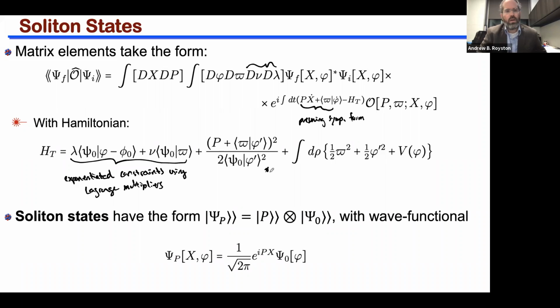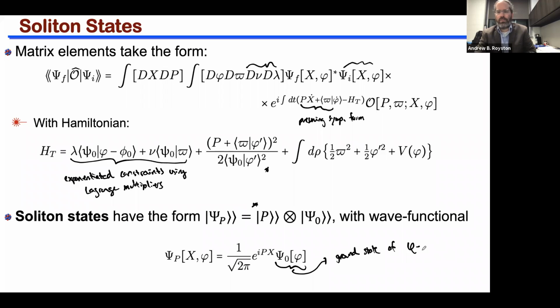So now we can say what soliton states are, right? So those are particular wave functionals up here, of this form. So P tensor product psi naught is the ground state wave functional of the curly phi curly pi sector.